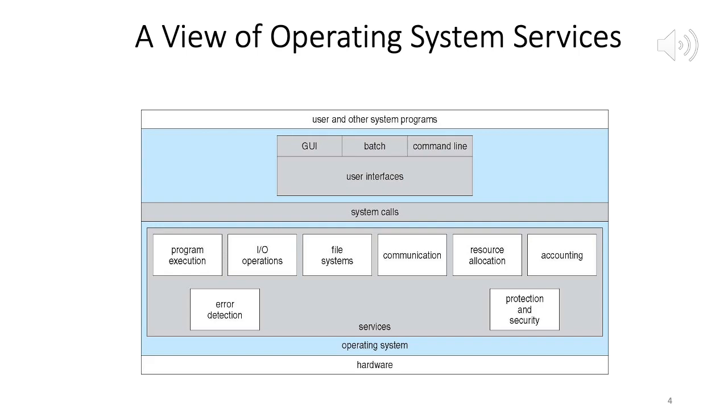So from the services, you can see program execution, IO operation, file systems, communication, resource allocation, accounting, error detection, protection, and security. On top, you have the system calls, and then above that, you have the user interfaces, command line, batch, graphical user interface. So we'll talk about all of these. And at the very top, you have users and other system programs.